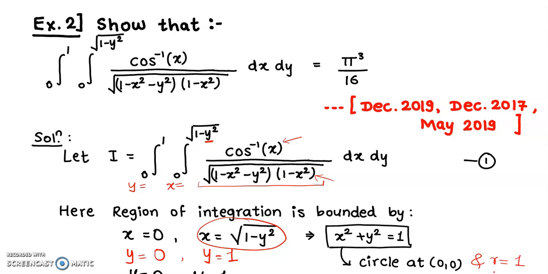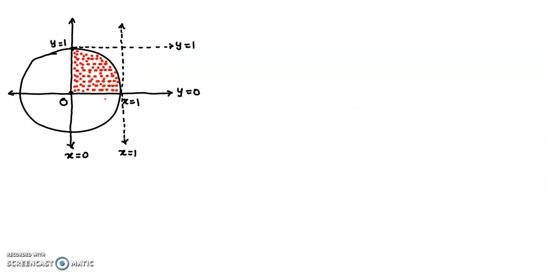So if we draw this, we have a circle with center at origin which lies in the first quadrant only. Since radius is equal to 1, the x-intercept and y-intercept are 1. So this is the required region of integration.